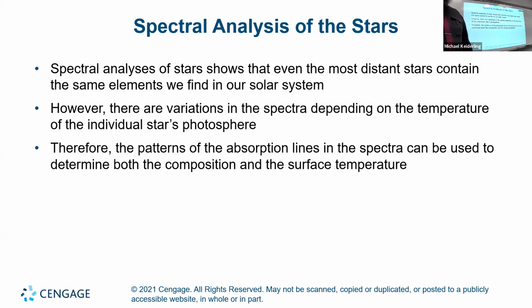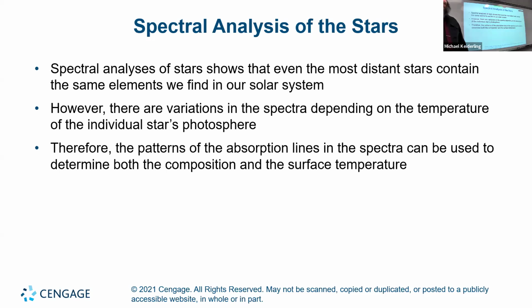And when we do spectral analysis of the stars, we find that even the most distant stars contain the same elements we find in our solar system. Actually, right now, that's one of the things being discovered with new observations from the James Webb Space Telescope: we're finding stars that look a lot like modern stars much sooner than we thought in the history of the universe.